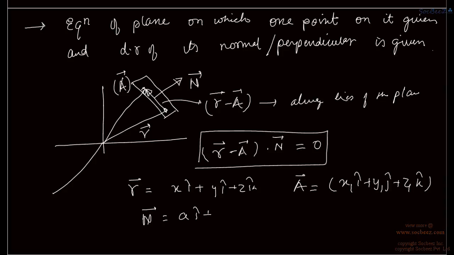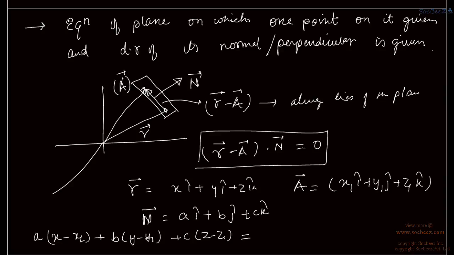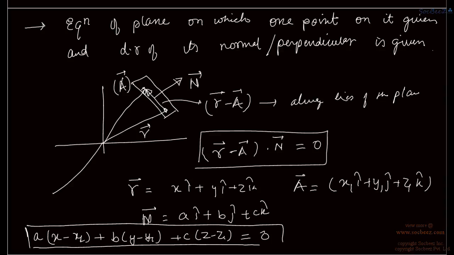And n vector, let us name this n vector as ai plus bj plus ck, where a, b, c are direction ratio of normal line. So we have r minus a as (x minus x1)i plus (y minus y1)j plus (z minus z1)k, and (r minus a) dot n as a times (x minus x1) plus b times (y minus y1) plus c times (z minus z1) is equal to 0. Okay, so this is the equation of plane in Cartesian form.